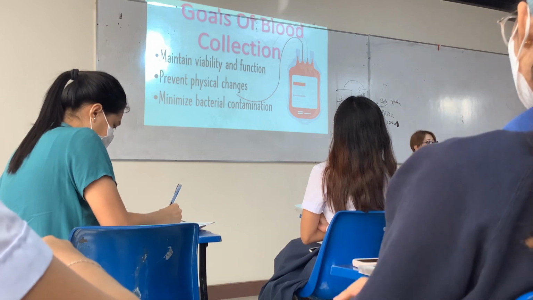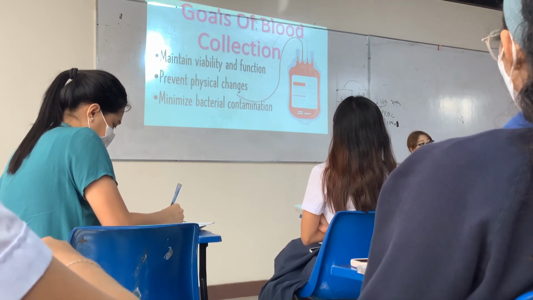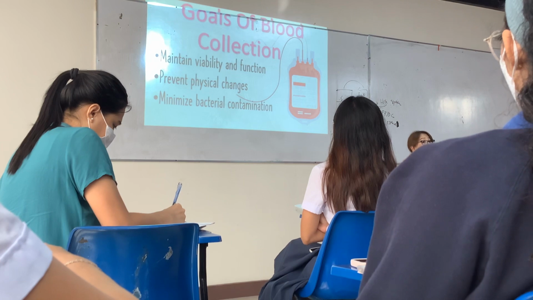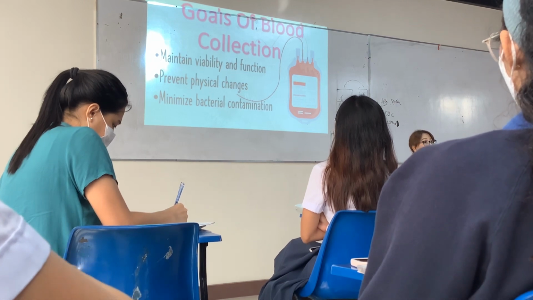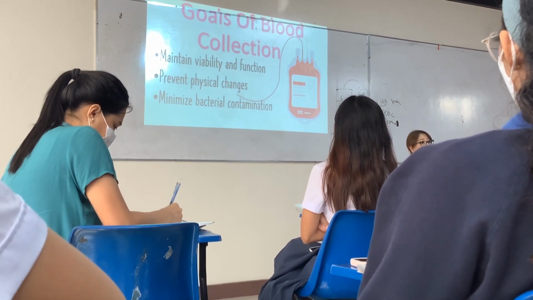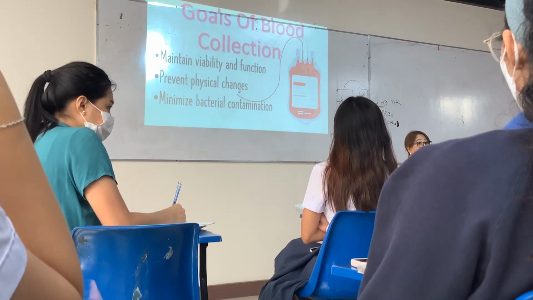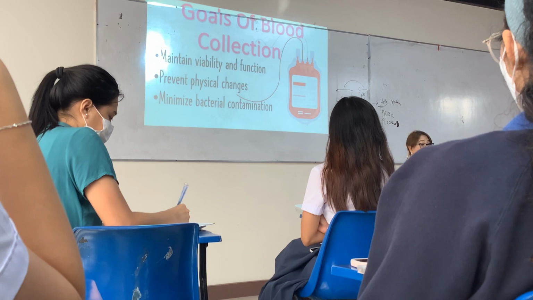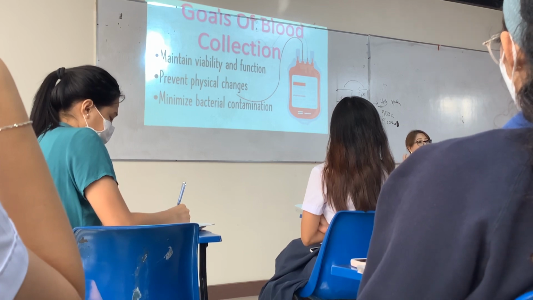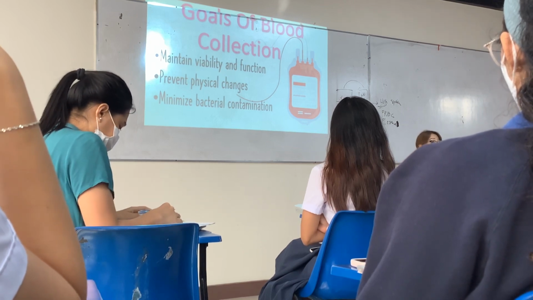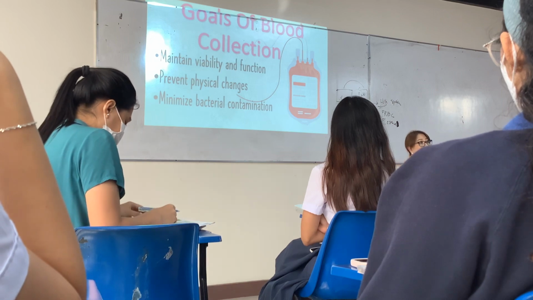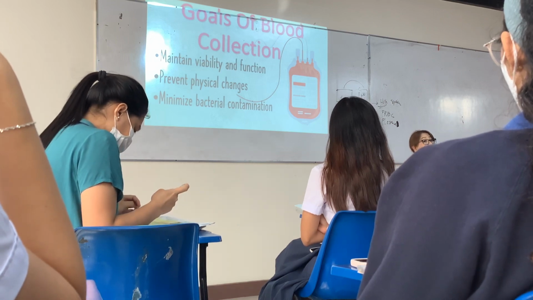So for example, if it's platelet, as I said, it's 20 to 24 degrees Celsius or at room temperature. Okay, if it's PAC-RBC, that's 1 to 6 degrees Celsius, that's refrigerator temperature. And if it is fresh frozen plasma, cryoprecipitates, so that's stored like negative 18 degrees Celsius. So that is through the use of a freezer.